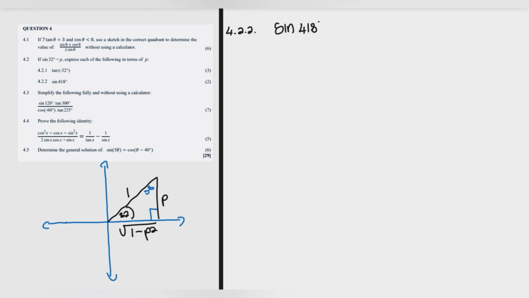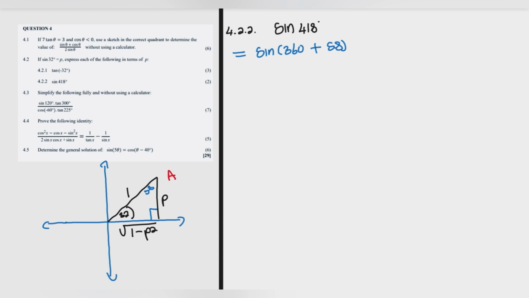Right. So now let's check. Using the reduction formula, if we say 316 plus 58, we get 418. So that means that for this question, we're going to break down the 418 to be 360 plus 58. Right. 360 plus 58 lies in which quadrant?